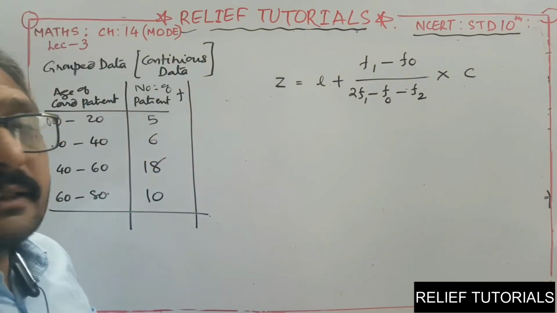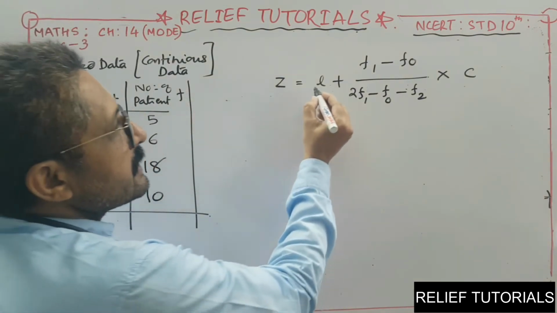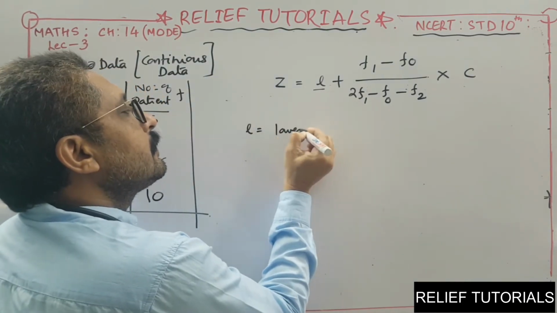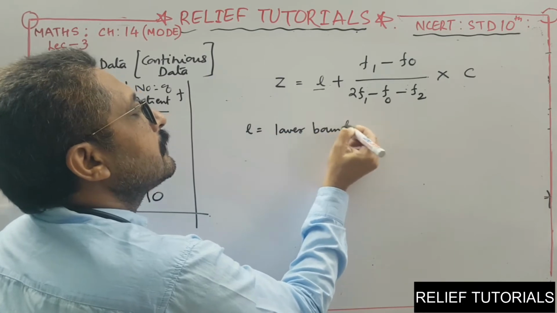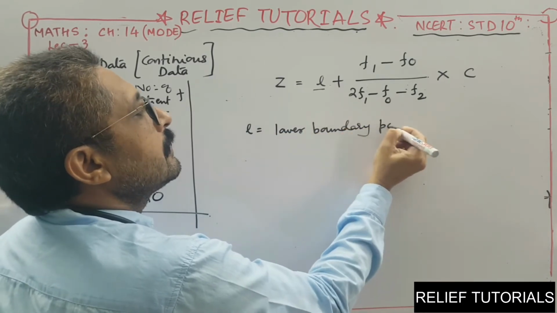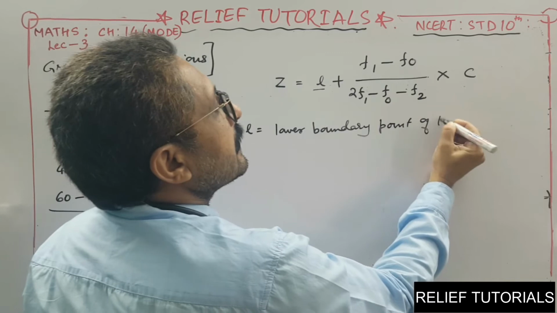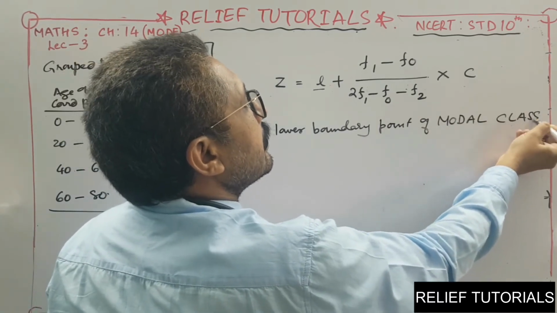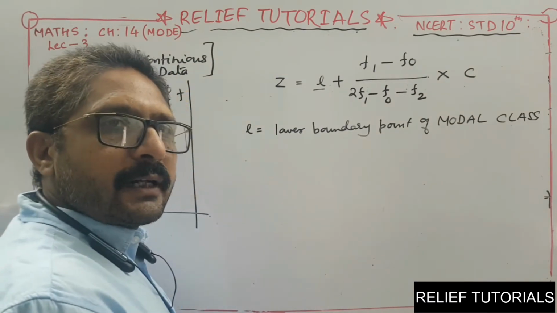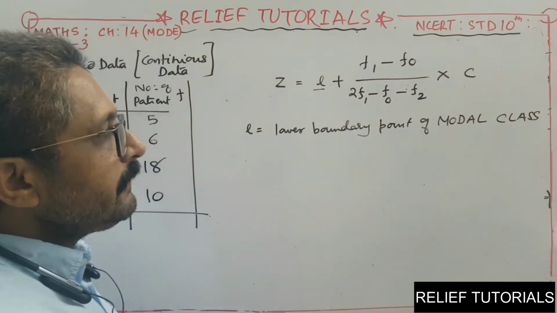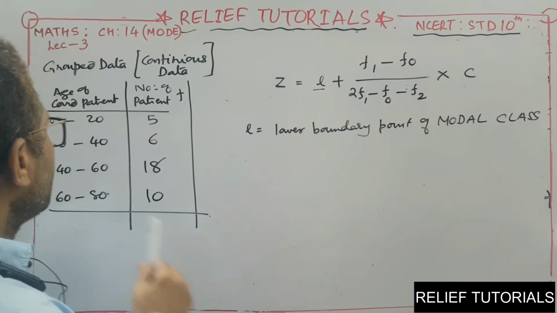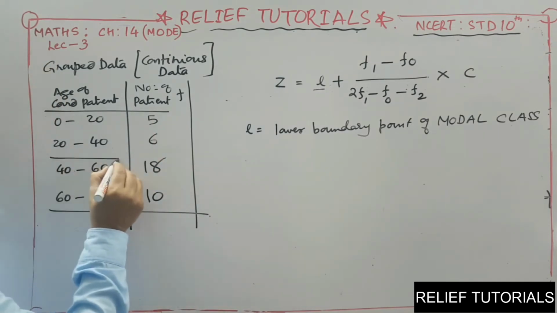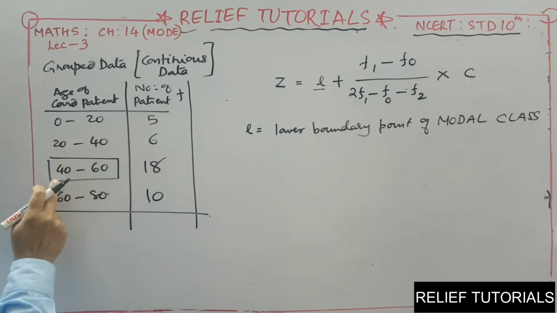Now we will see what these terms are. First, what is L? L is the lower boundary point of the modal class. What is the modal class? I told you that here maximum frequency is 18, so this is the modal class, and it is a continuous class.